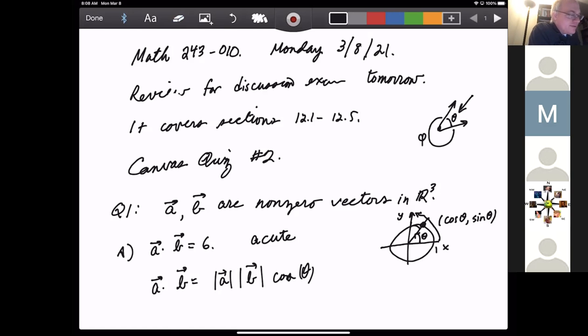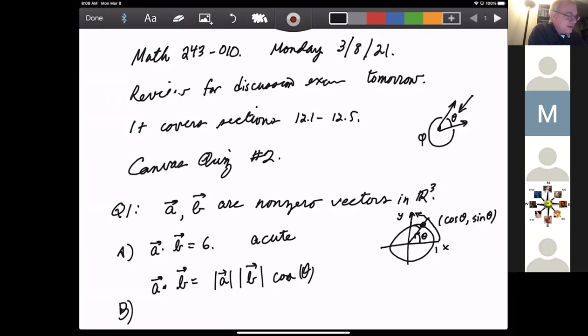The dot product refers to this theta, the smaller angle between the vectors. And that smaller angle's got to be between 0 and 180 degrees. So if the cosine is positive, meaning the angle is acute between 0 and 90 degrees, that means the dot product of the 2 vectors has got to be positive. Okay.